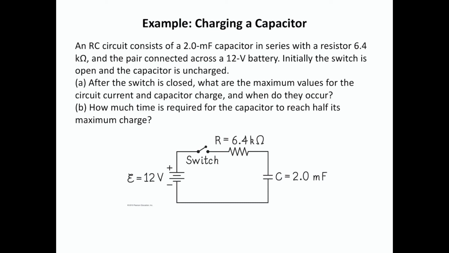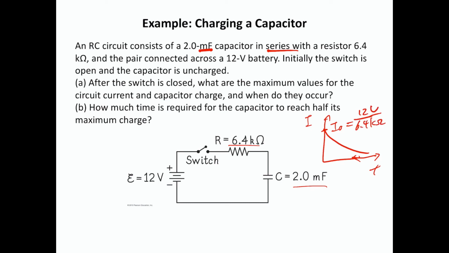Now let's look at this example here. An RC circuit consists of a 2.0 millifarad capacitor in series with a resistor, and you've got the 12 volt. After the switch is closed, what is the maximum value of the current? You know the current looks like this. The maximum value here is 12 over 6.4 kilo ohm.